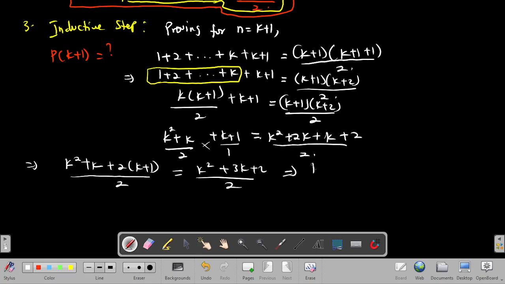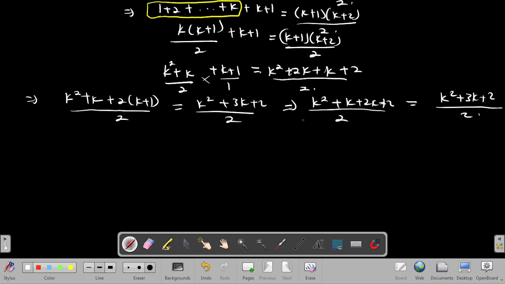That side, we can get k squared plus k plus 2k plus 2. I only expanded this here, okay? All over 2. And this is equal to k squared plus 3k plus 2 all over 2. So I'll simply get k squared plus 3k plus 2 all over 2 equal to k squared plus 3k plus 2 all over 2.